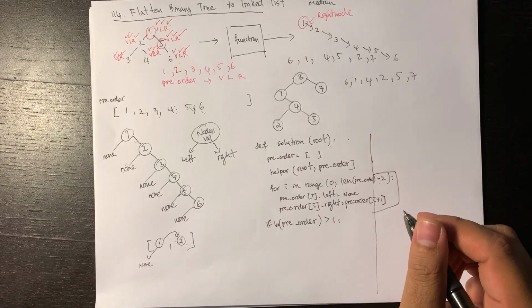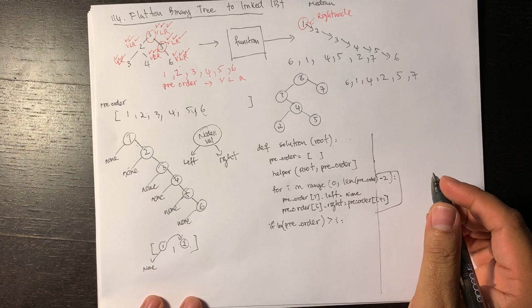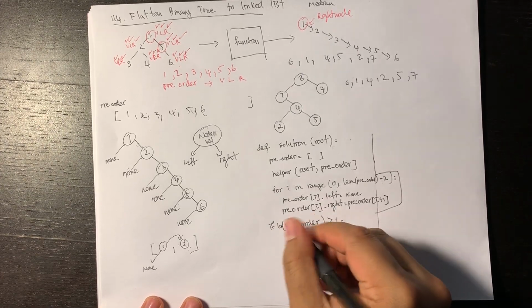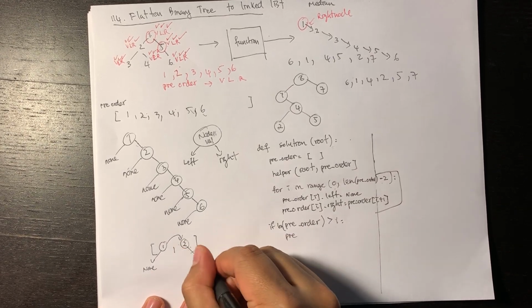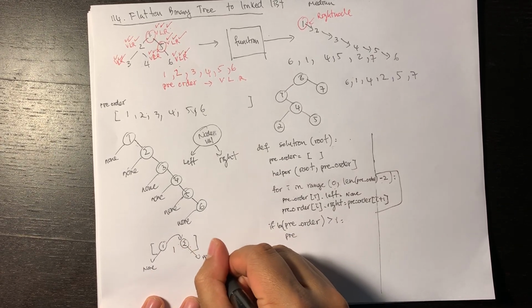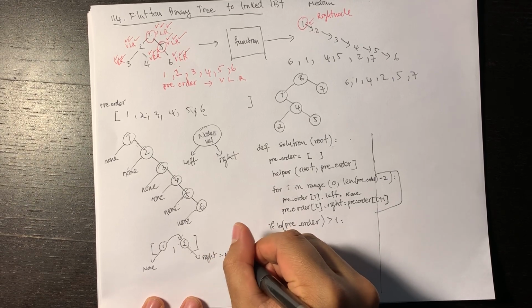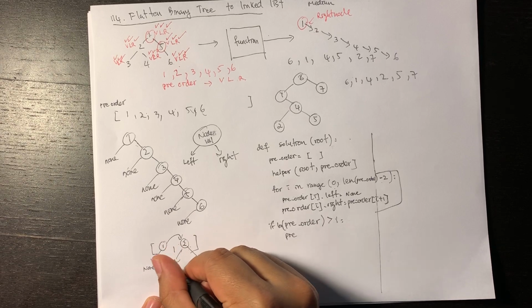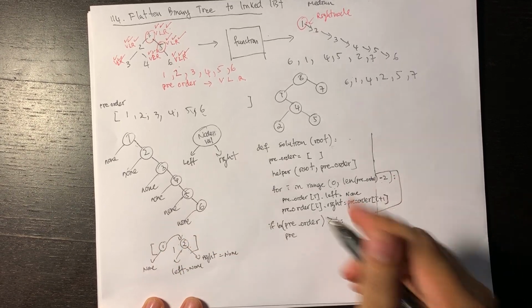What I want to do is set the right of the last one to none, and also the left of the last one to none.